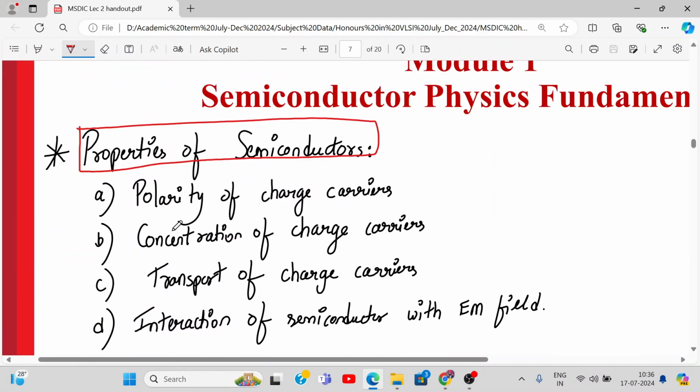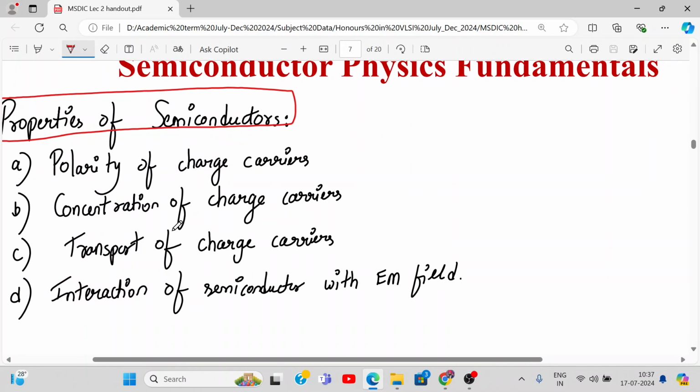Let us first talk about the polarity of the charge carrier. Can you tell me what is current actually? Current is the flow of charges. Have you heard of this formula I is equal to dq by dt?